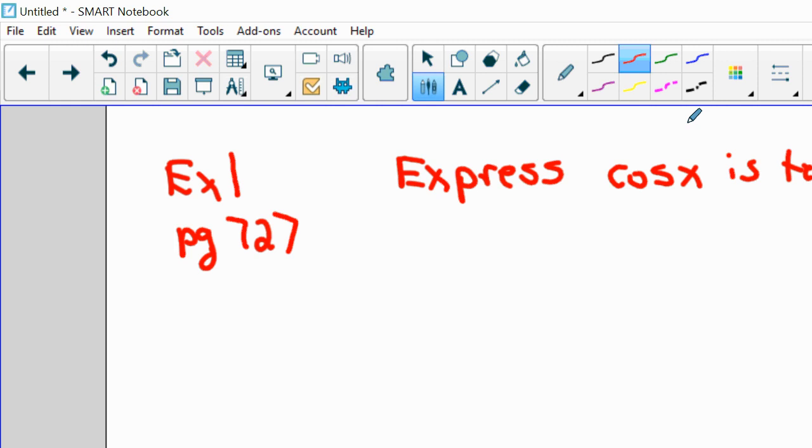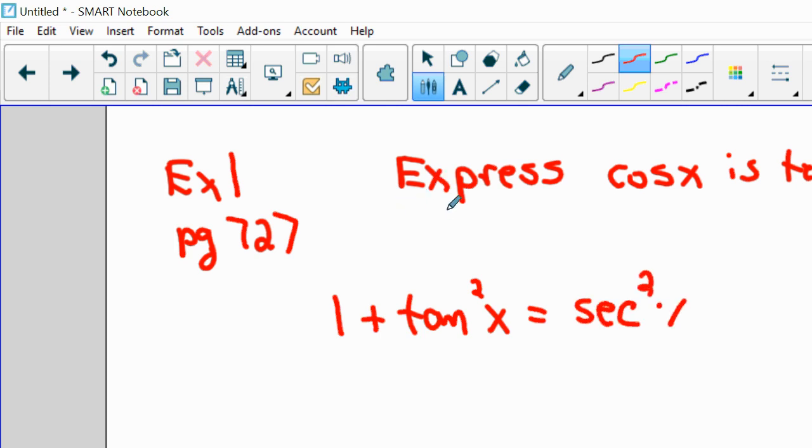Well, we know 1 plus tangent squared x equals secant squared x. So secant squared x is 1 over cosine squared x.